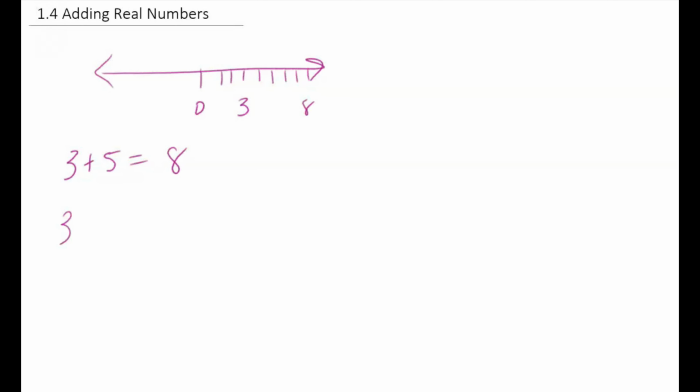So what if I had 3 plus a negative 5? Well, if you took my class, and hopefully any class, you used a number line, and we told you, okay, start at 3, and when you add a negative, you're going to go left. So we would go left 5 units, 1, 2, 3, 4, 5, and we would arrive at negative 2. So 3 plus negative 5 is negative 2.